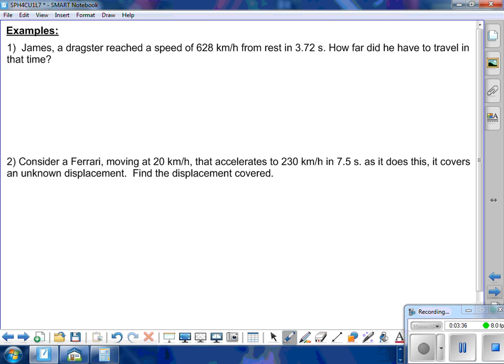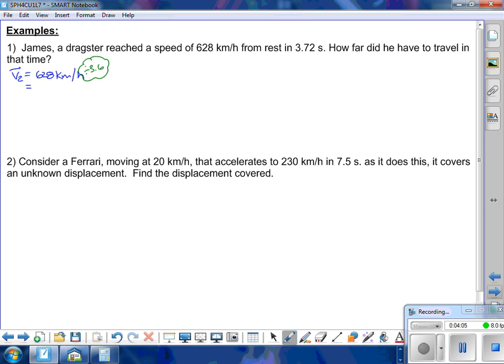So you have to take the information out of it that's given. He reached a top speed, so that was his final velocity, v2, of 628 kilometers per hour. The reason I did this one is because it's important. The book will use this once in a while. We need to have this in meters per second. In order to get it into meters per second, you have to divide by 3.6. Okay?